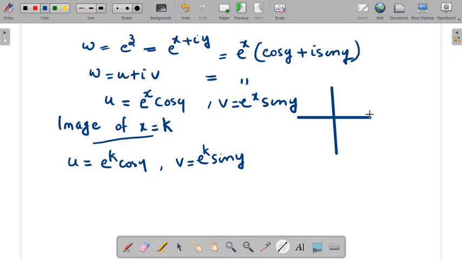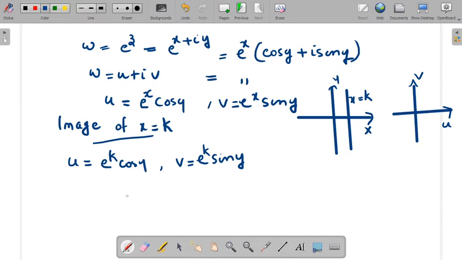So you take the z plane and w plane. At first in the domain we consider the line x equal to k, and we are trying to find its image in the UV plane.